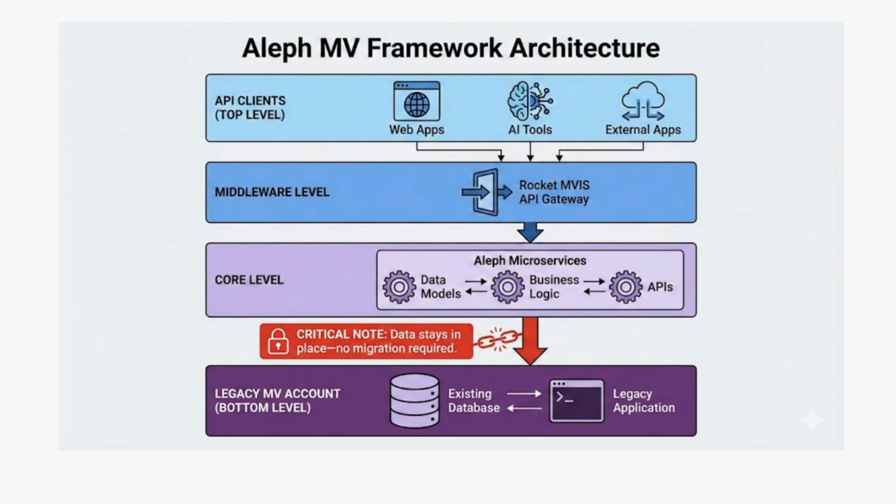Aleph APIs are OpenAPI RESTful APIs defined to expose Aleph business logic through Rocket MVIS APIs. And finally, Aleph Web Business Applications. Aleph provides a framework for building web business applications tightly integrated with the MV database through Aleph data models.